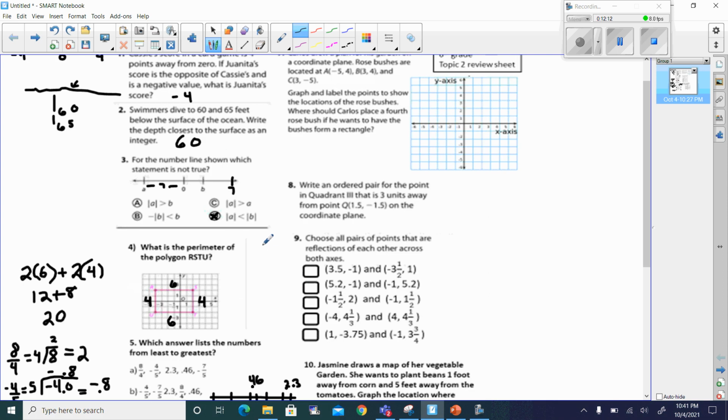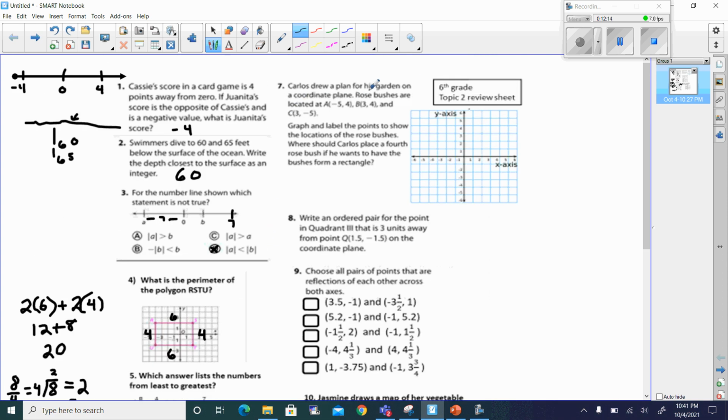Number 7 now says, Carlos drew a plan for his garden. Got his garden here. He says that the rose bushes are located at, see, point A is negative 5 and 4. Well, negative 5 is 1, 2, 3, 4, 5. And then it says 4, and it's positive 1, 2, 3, 4. So that's got to be right there.